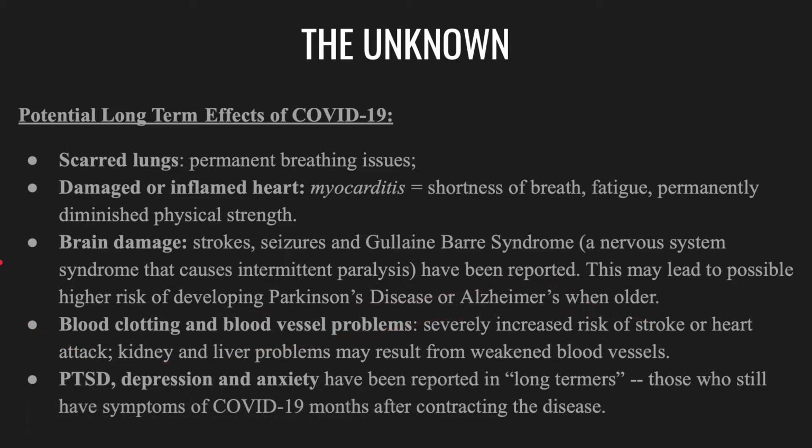Another thing that's really disturbing about contracting COVID-19 is that you may develop blood clotting and blood vessel problems. Now, if your blood clotting is too high, you are at a severely increased risk of stroke or heart attack. And the blood vessel issues, if they weaken, have been shown to have deleterious, that means really negative, effects on the kidney and liver. These are things that are serious.